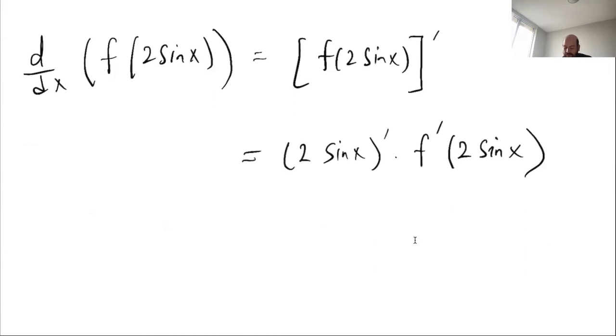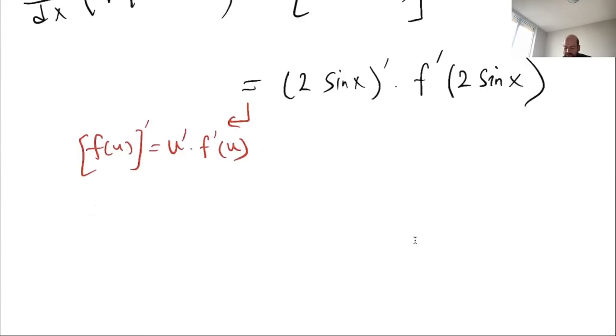Right, so the derivative of f of u is u prime times f prime of u. That's exactly what the chain rule says. My u here is 2 sine x. So this is equal to 2 cos x times f prime of 2 sine x.